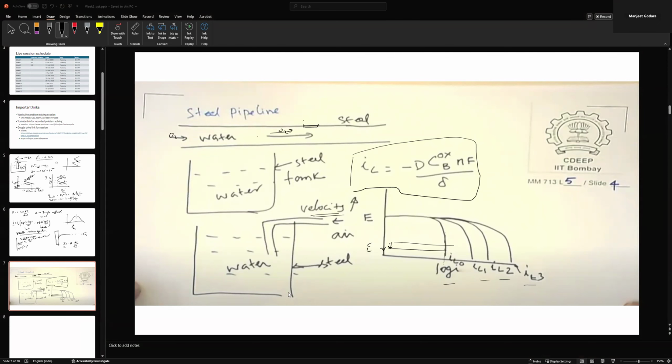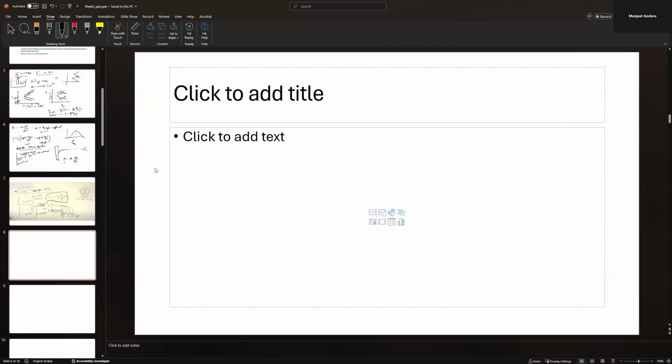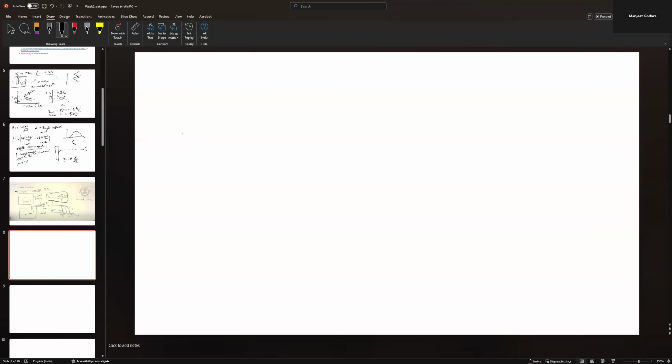So in real life conditions, there's mixed control, so the rate of reaction, the current density, is governed by both the diffusion and the charge transfer taking place in the cathodic and anodic reactions.